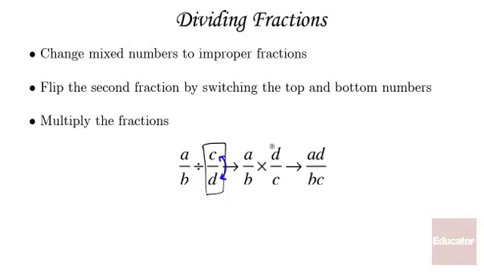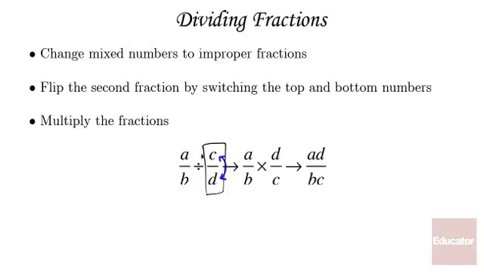And when you do that, you change the division sign to a multiplication sign. So now your problem becomes a over b times d over c, and you multiply the fractions the same way. So again, take the second fraction and flip it. When you flip it, it goes from dividing to multiplying.